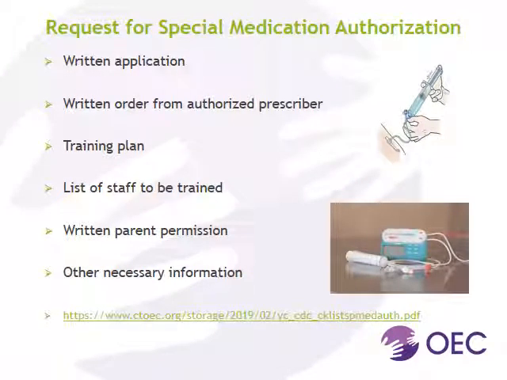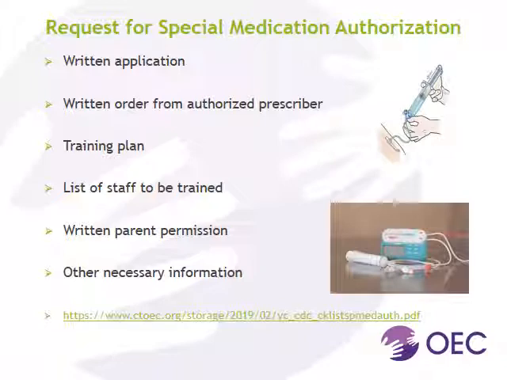A youth camp may submit a written request to the Office of Early Childhood for unlicensed staff to administer medication in a licensed camp by a method other than oral, topical, inhalant, a pre-measured commercially prepared auto-injector, injectable, or rectal. For example, a request may be submitted to administer medication via a feeding tube. In order to do this, a written application would need to be submitted to the Office of Early Childhood.